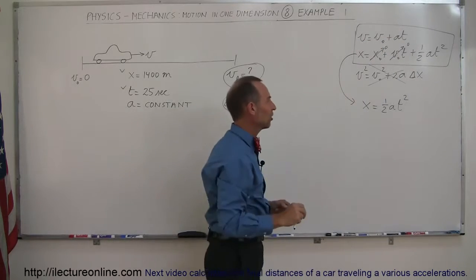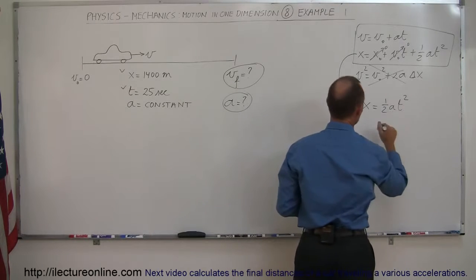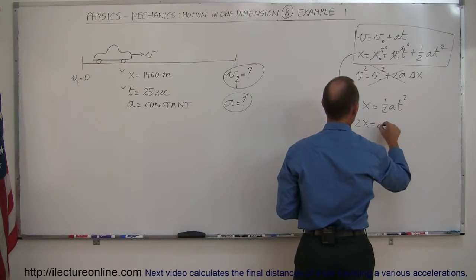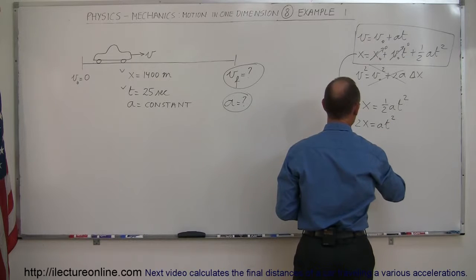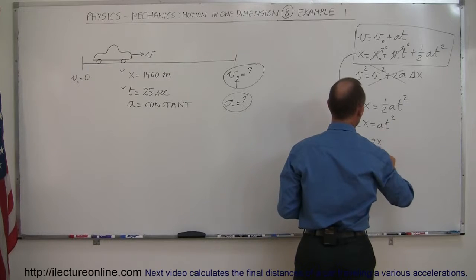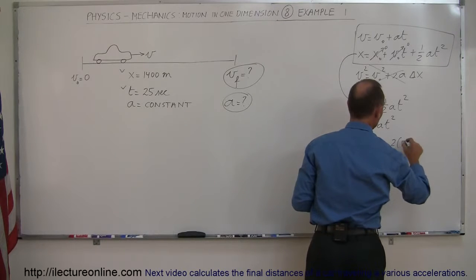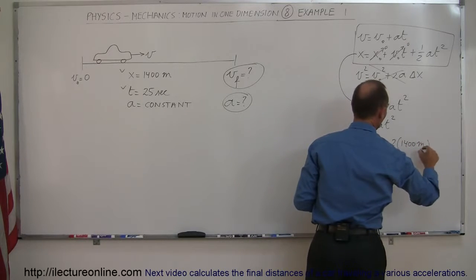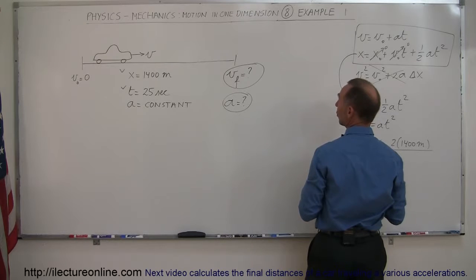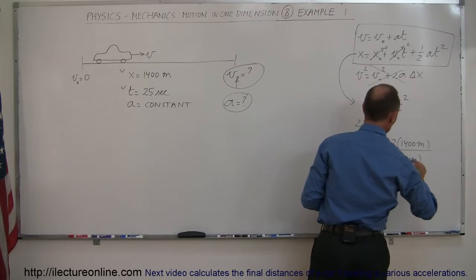So that's my strategy. First I'm going to solve this for A. So we have 2X equals AT squared, or A is equal to 2X divided by T squared. In this case, it's 2 times 1,400 meters divided by the time, which is 25 seconds squared.